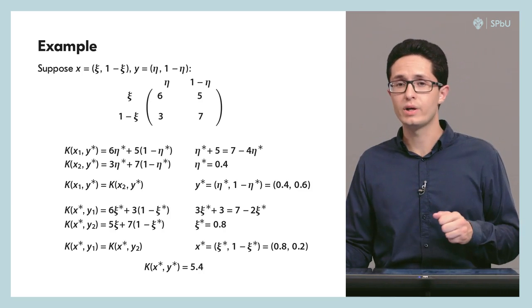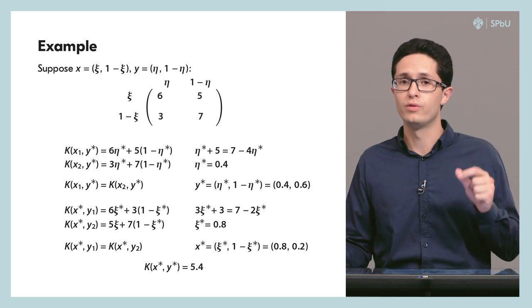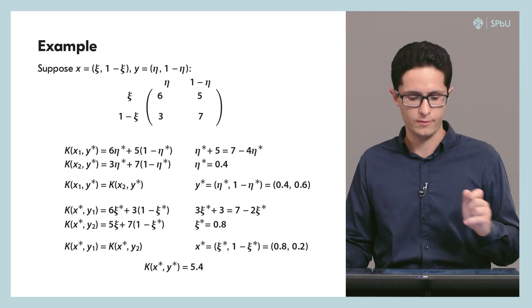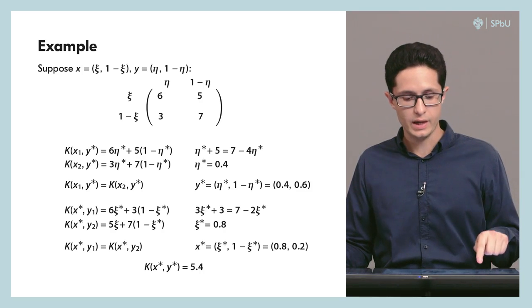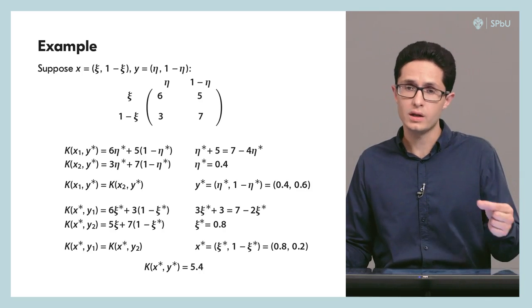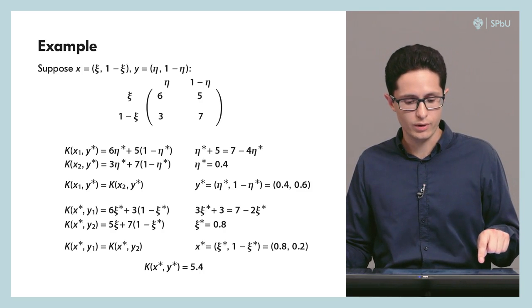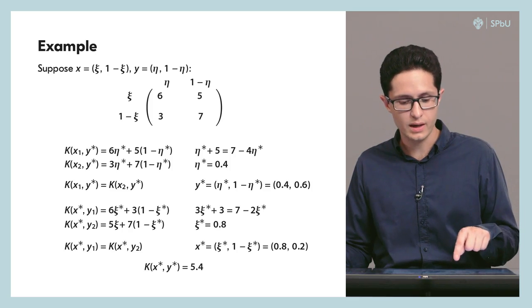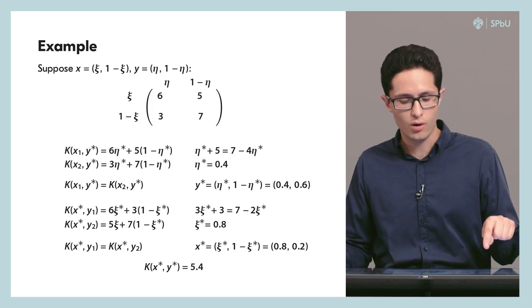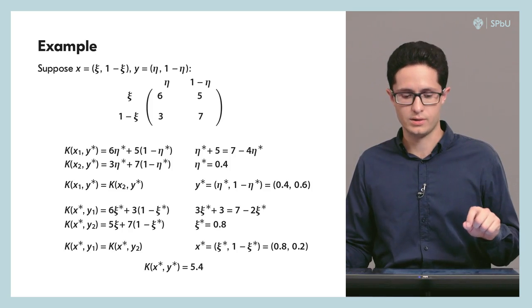In the same way we can define the strategy of the first player x star. For that we need to consider the second equation, and derive the left-hand side and the right-hand side as functions of the strategy x star.